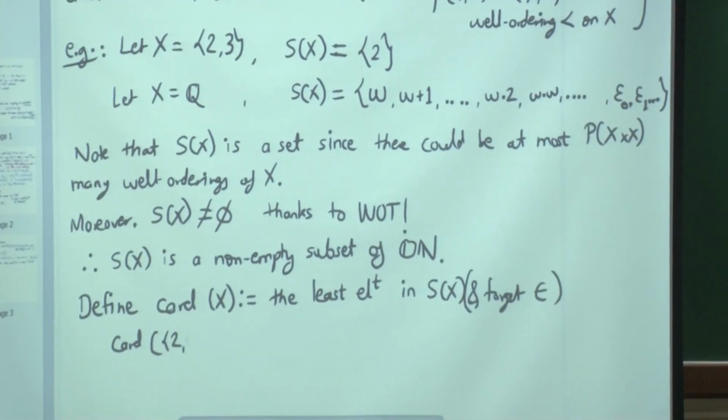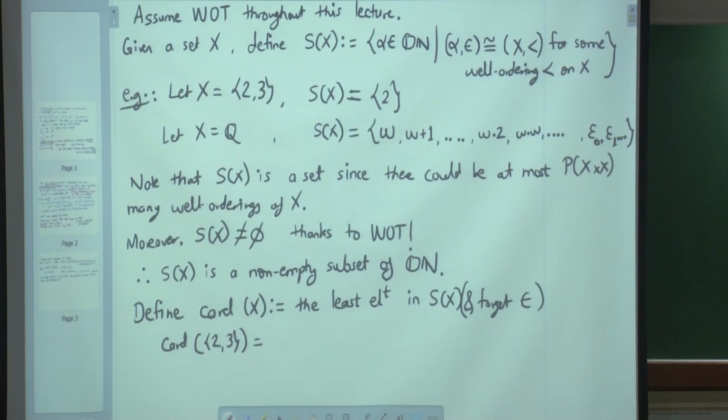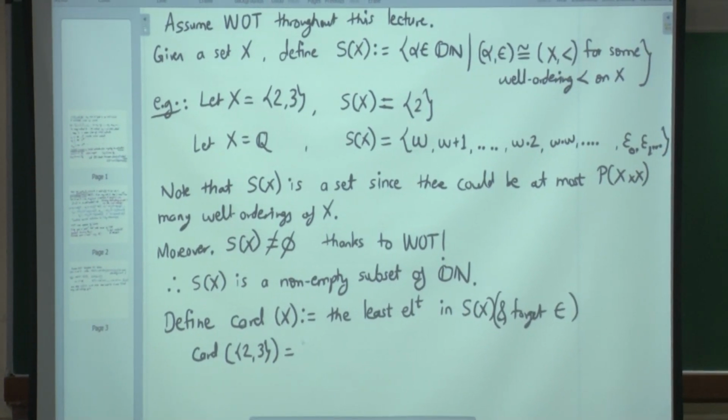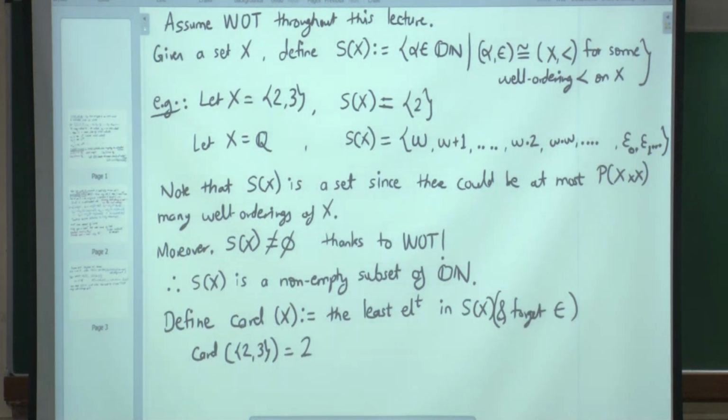Now observe this. What is the cardinality of the set {2, 3}? Sx was the singleton {2}, so the cardinality of this 2 element set is 2. I am saying it's a 2 element set because that's how we are trained.